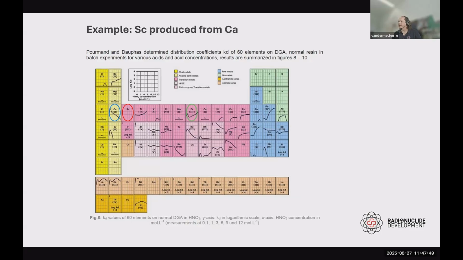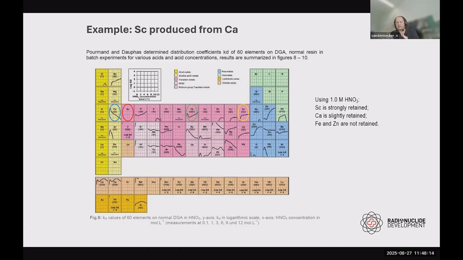If you look at iron, for instance, that has a low distribution coefficient at around 1 molar nitric acid. And then the likes of zinc, the same applies. So you take your target material, you irradiate it, and you then dissolve it using 1 molar nitric acid.